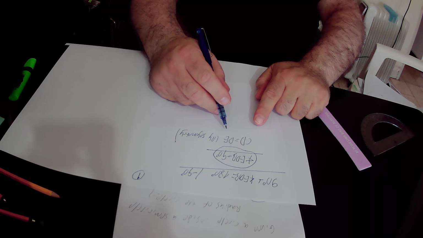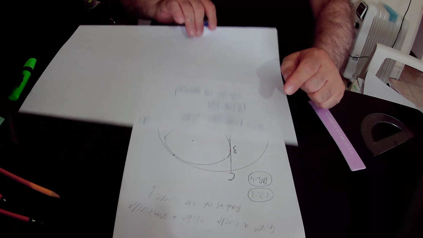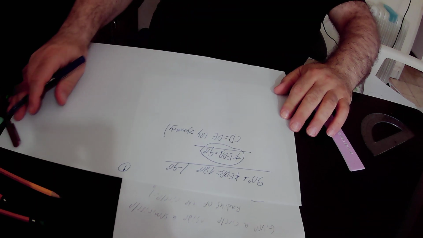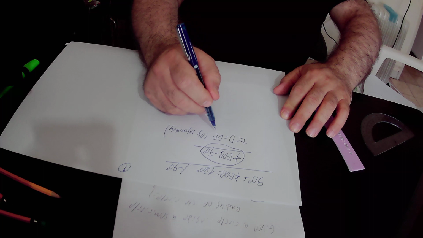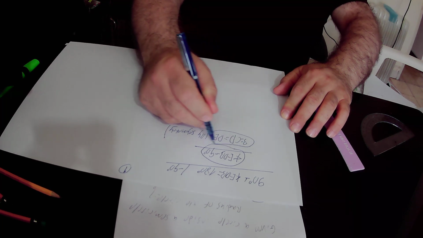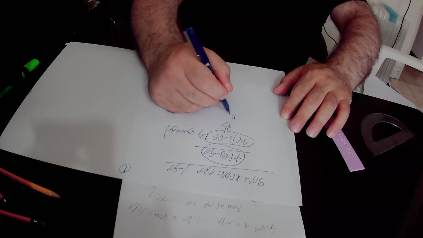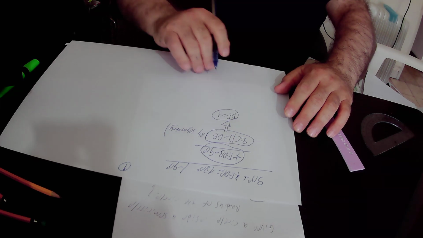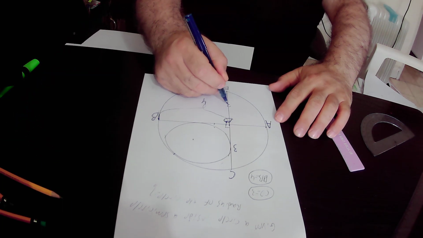But we know it is given in the question that CD equals 3 units. So we can write down that CD equals 3 units. And from this equation, 3 equals CD equals DE, we derive that DE is also equal to 3 units. So we can write down here that DE equals 3 units. Okay?